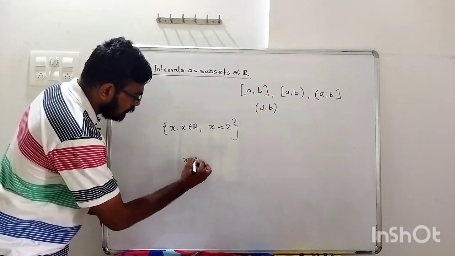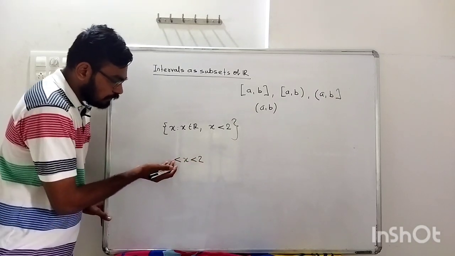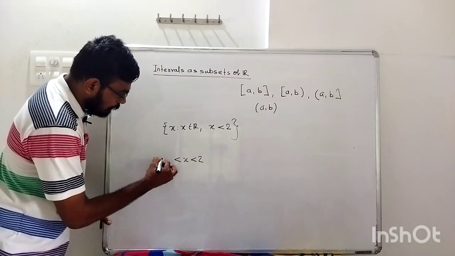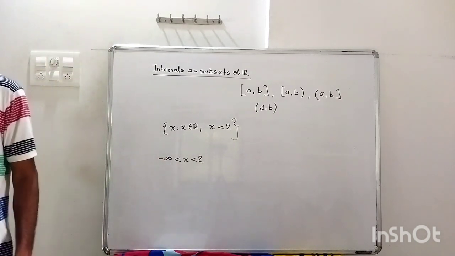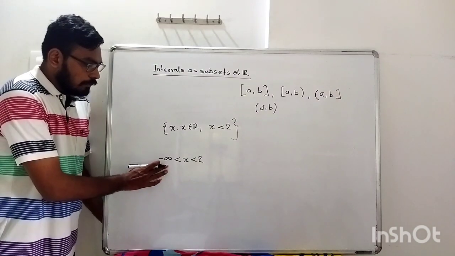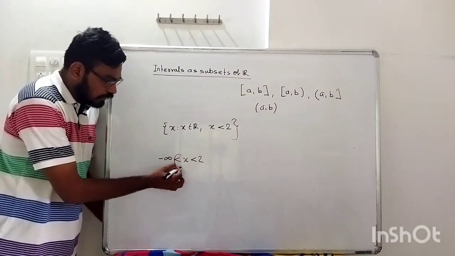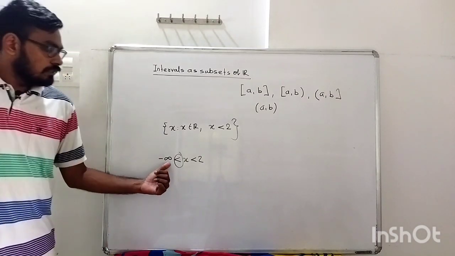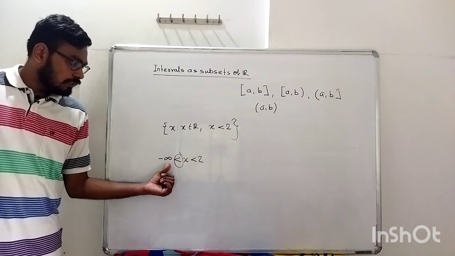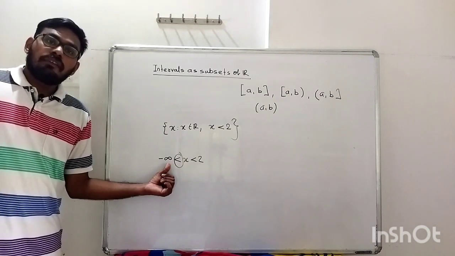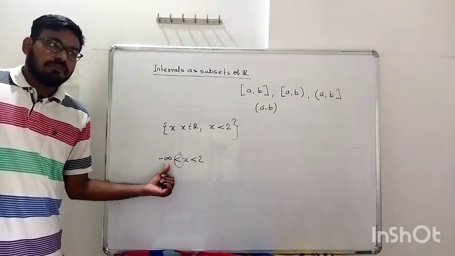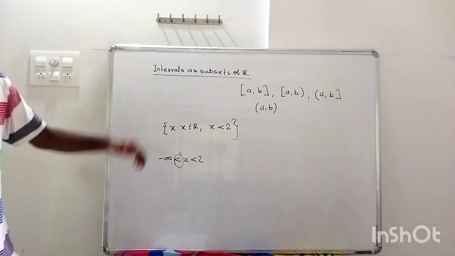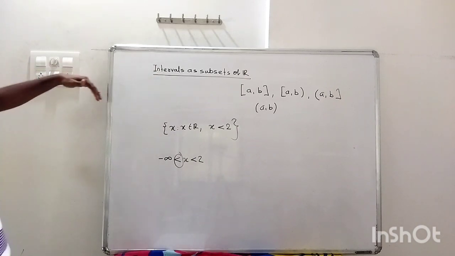So, x less than 2. If there is no restriction here, we put minus infinity here, and we always put a less than sign here. Actually minus infinity, we say the number which is smaller than all the numbers, or the greatest negative number we can say here.